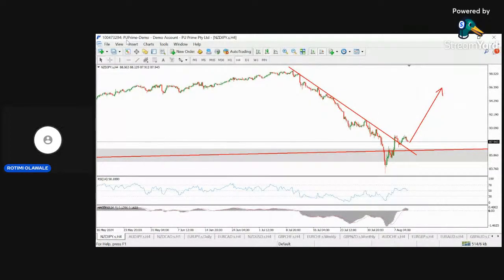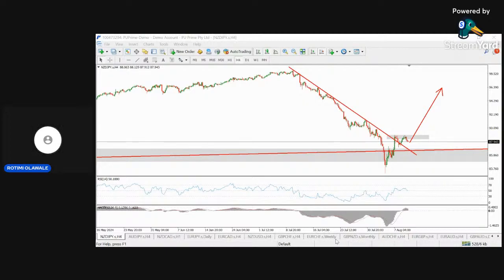However, I would advise that we equally wait for price to break out above this minor resistance here before we trigger a buy. So I'm bullish on the New Zealand JPY in the course of this week.